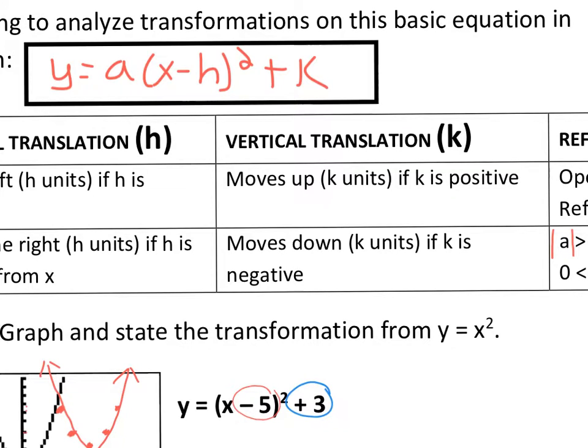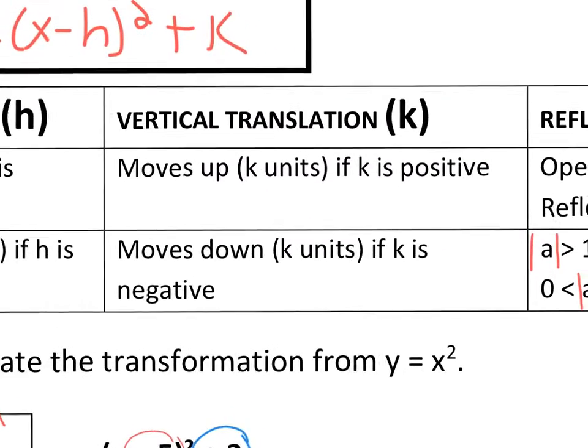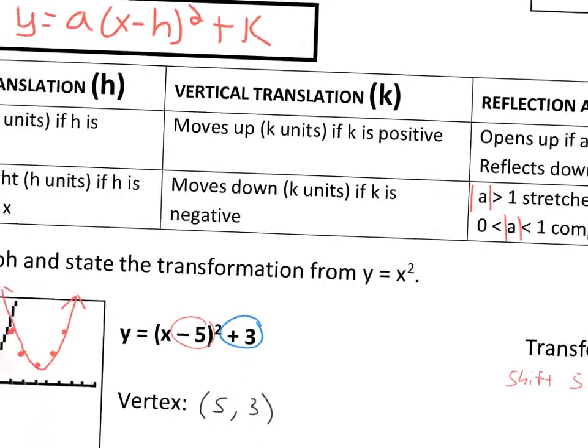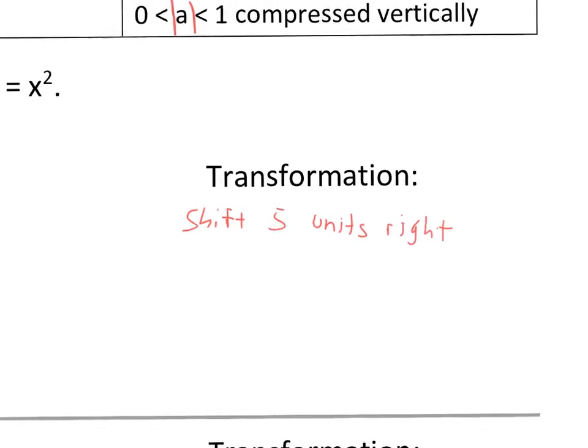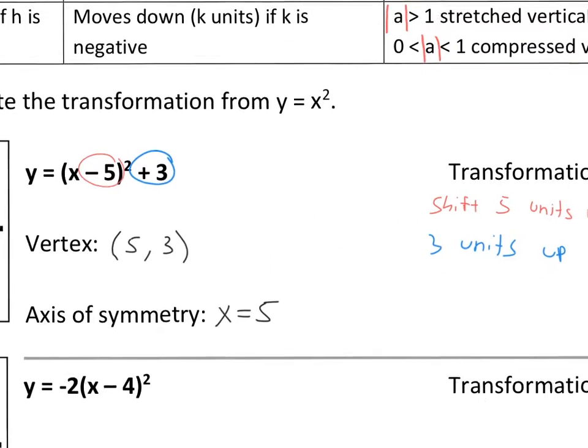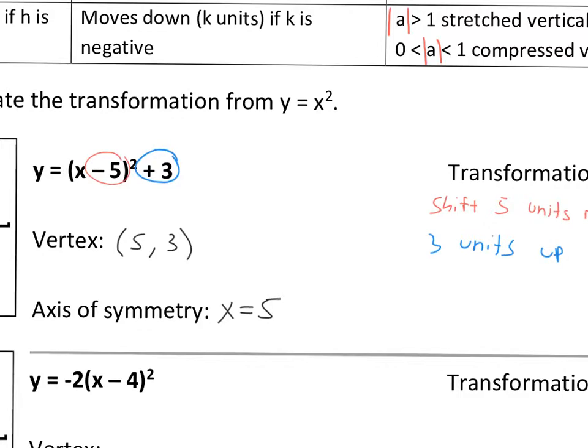H is the number with the x, and K is the number outside the parentheses, added or subtracted, okay? If K is positive, it moves up. If K is negative, it moves down. So K is positive here, so it shifts 3 units up, okay? And for this particular one, that's all we do from the equation.